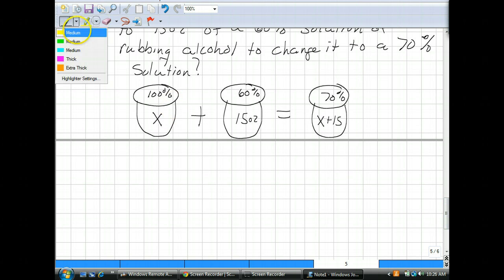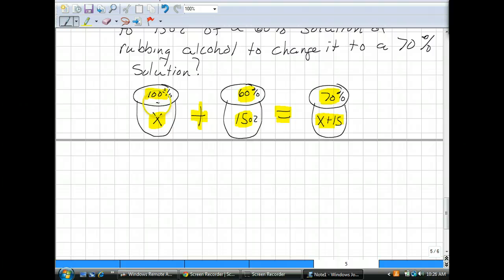So this multiplied by this plus this times this equals this times this, right? But remember that with percents we change them to decimals, so 100% as a decimal is 1, 60% as a decimal is 0.6, and 70% as a decimal is 0.7. Or we could say 0.60 or 0.70, okay?